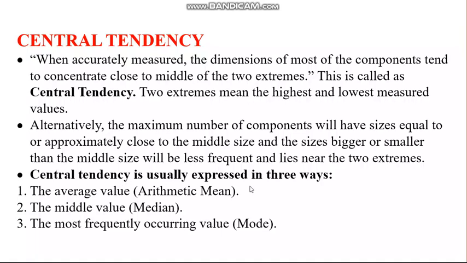Now, central tendency is usually expressed in three ways: as an average value, the arithmetic mean; then the middle value, the median; or the most frequently occurring value, the mode. Mean, median, mode, you may have studied in statistics. The same thing we are studying here.